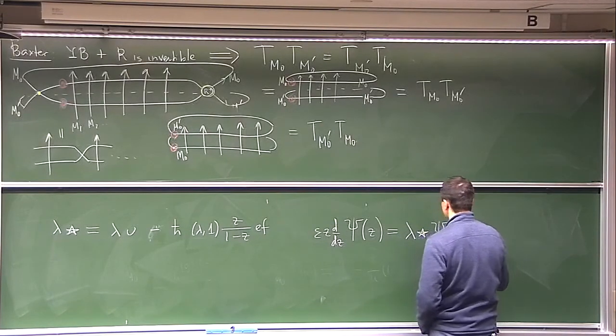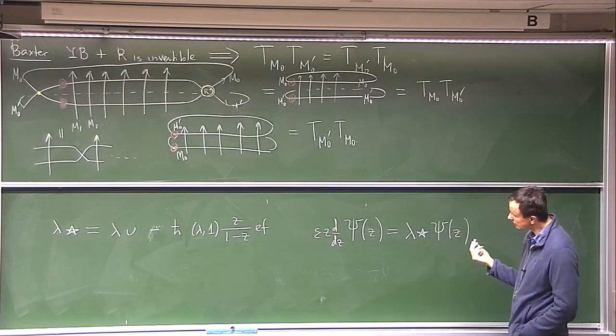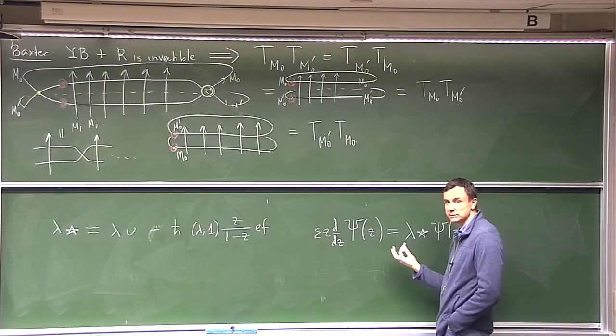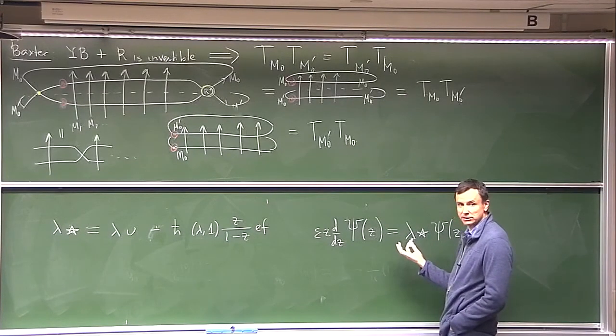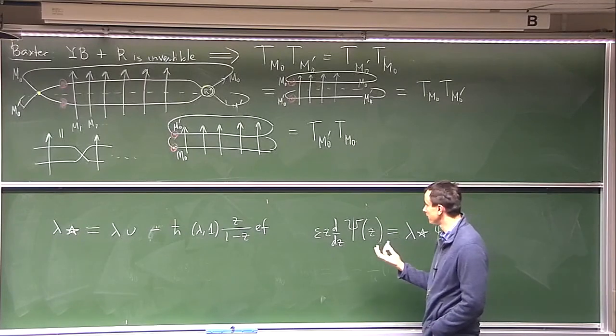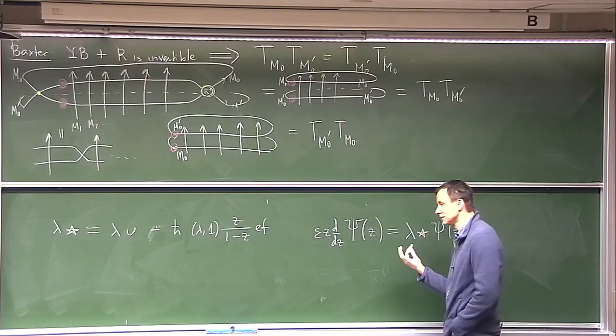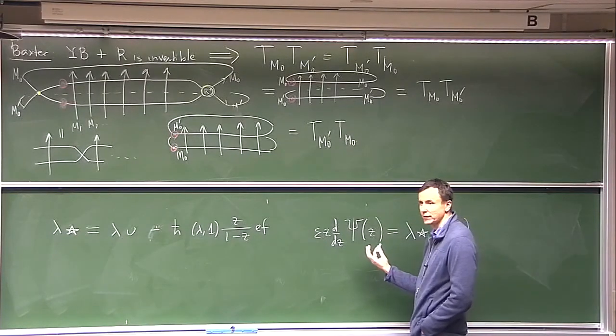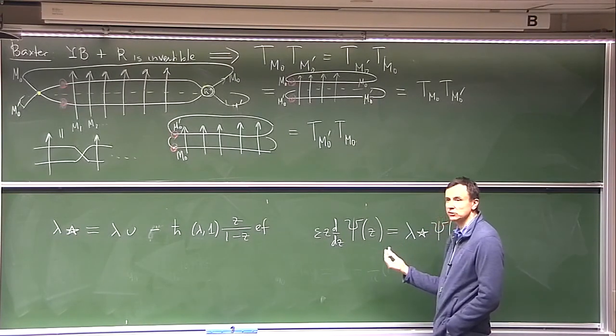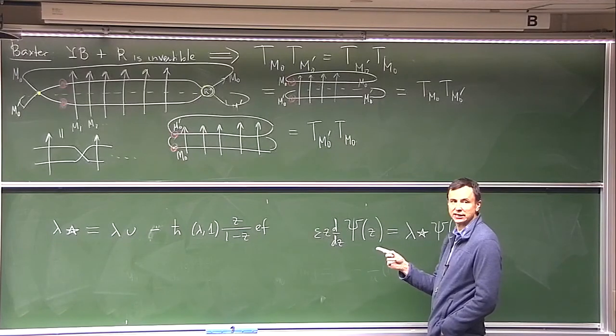This is what's called the quantum differential equation. Geometrically, there's a solution to this equation, and this is strictly more general than defining the eigenvectors and eigenvalues.